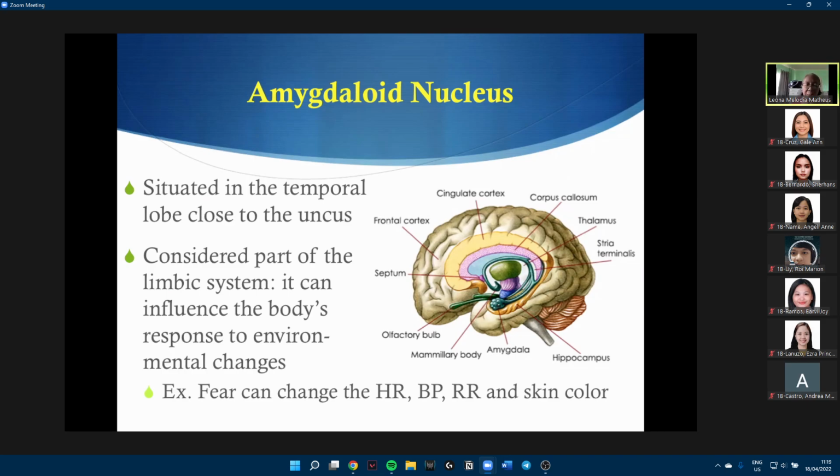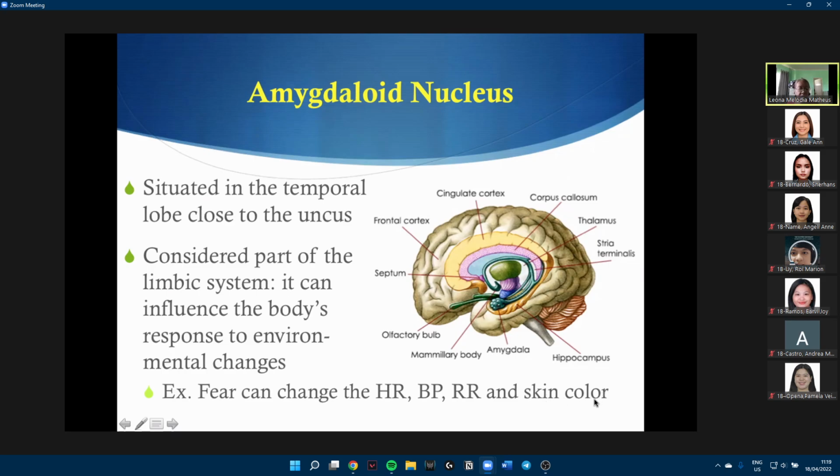So look at the example here. Fear is an example of an environmental change, which can cause changes in your heart rate, blood pressure, and respiratory rate, specifically causing an increase in these vital signs. Now, can you tell me what will be the effect of fear on your skin color?